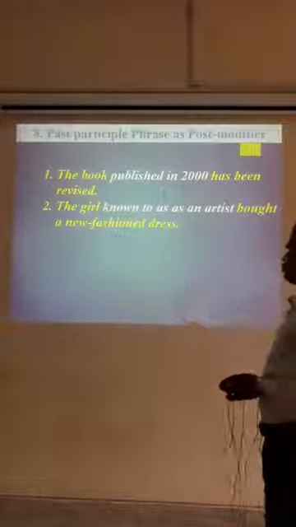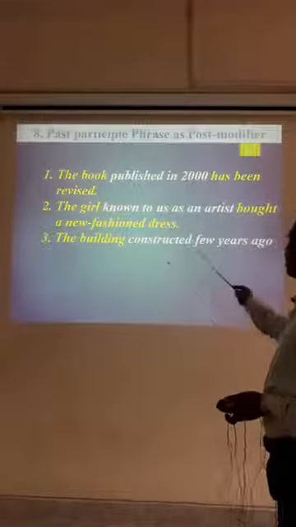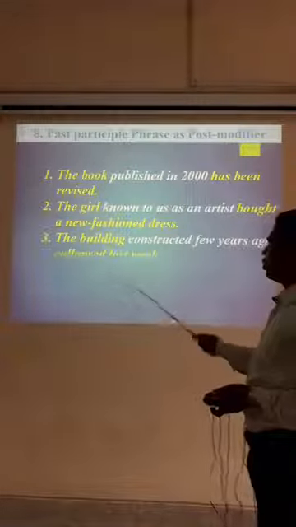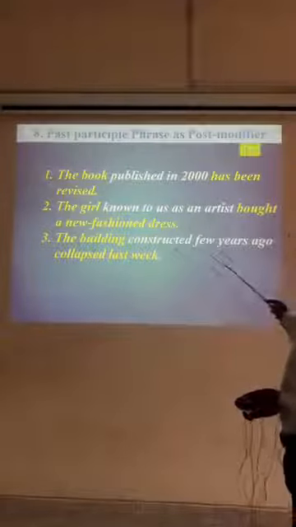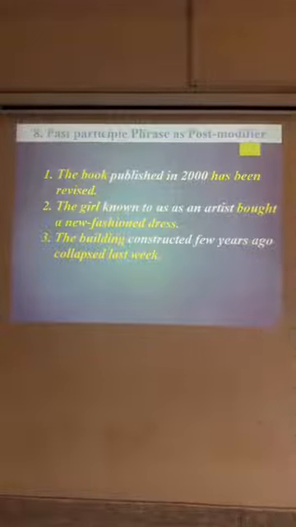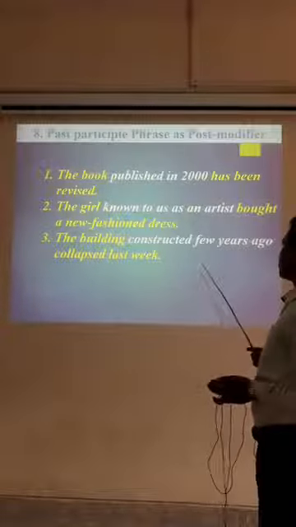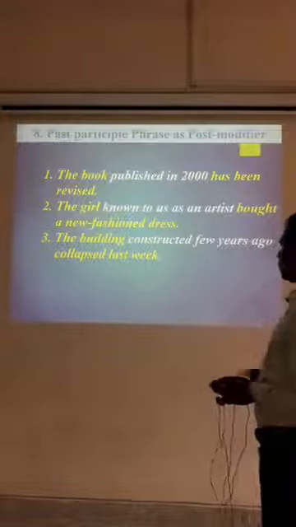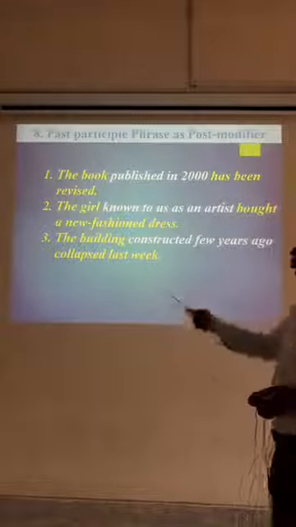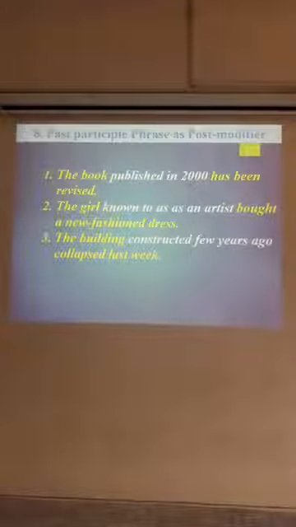Number 3, the building constructed few years ago collapsed last year. Constructed few years ago is a phrase sitting after the word the building, modifying the word building, so it is used there as post modifier.